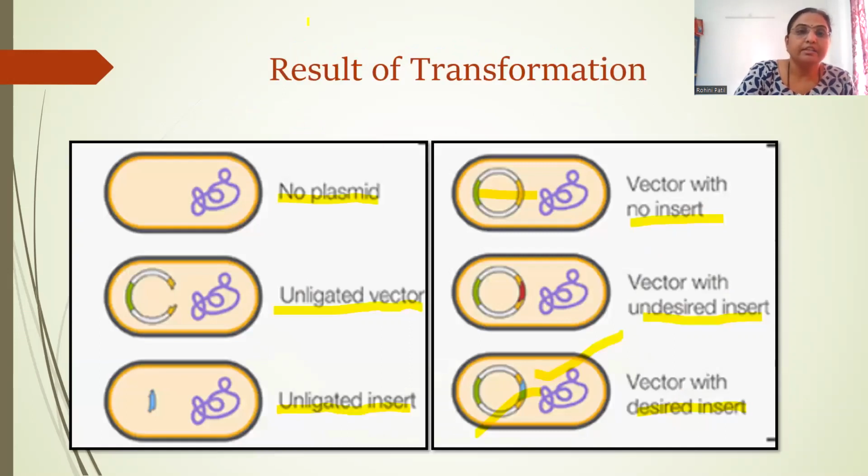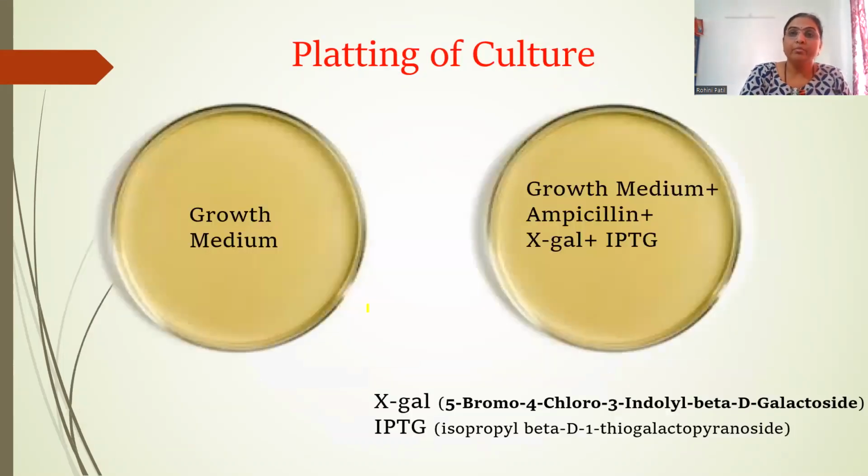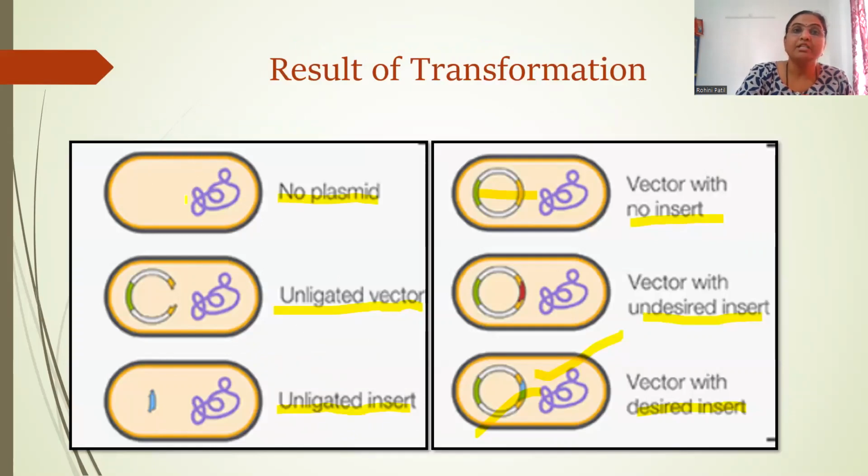So here you can see that these types of cells we have to eliminate: the no-plasmid cells, the unligated insert, and the unligated vector. These we have to remove, and they are going to be removed. These cells are not allowed to grow when you plate over this medium, because there is no plasmid in the first one and in this third one.